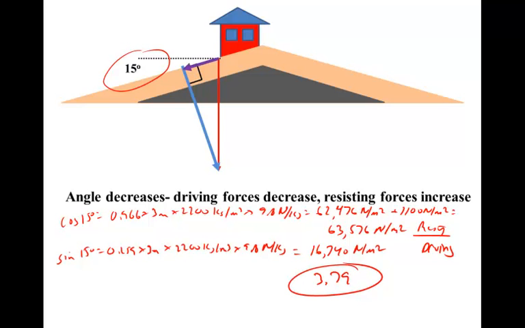The slope is much more stable at 15 degrees than it was at 30 degrees. At 30 degrees, resisting forces were almost twice the driving forces. At 15 degrees, resisting forces are nearly 4 times the driving forces. As a result, the slope is that much more stable.